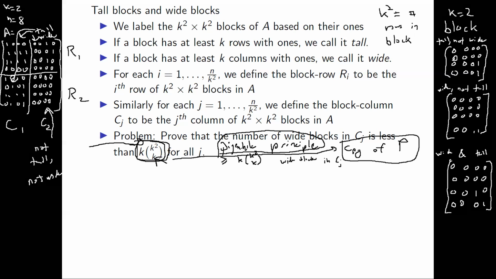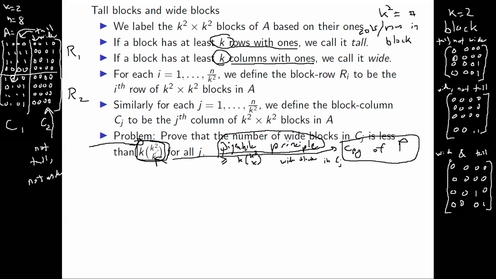So k squared is the number of rows and it's the number of columns, because it's a k squared by k squared block. The k down there, we can think of as a lower bound on the number of columns with ones in a wide block. We can think of it as a lower bound on the number of rows with ones in a tall block.